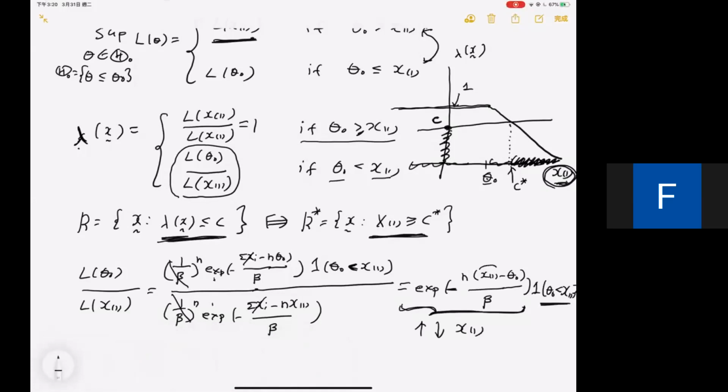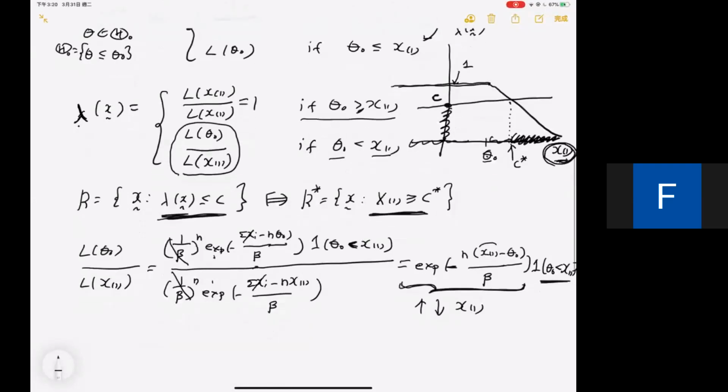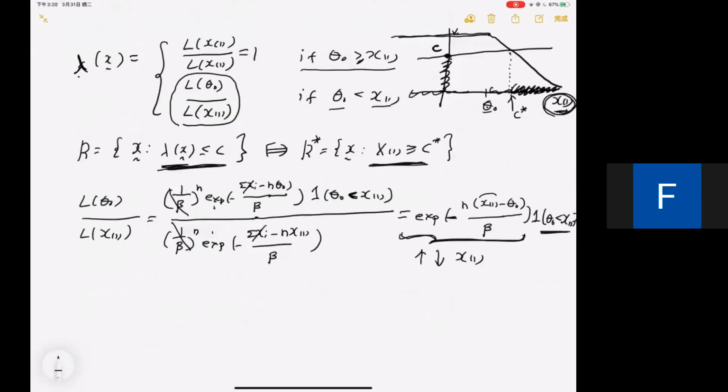For some cutoff C, okay, it's fine. So only about statistics? No, in part C, I'm actually asking you about finding the equivalent region. Okay, then bigger than C star. So again, I want to say something right here. The same thing I mentioned in the beginning of the class. So right now we're going to use alpha.